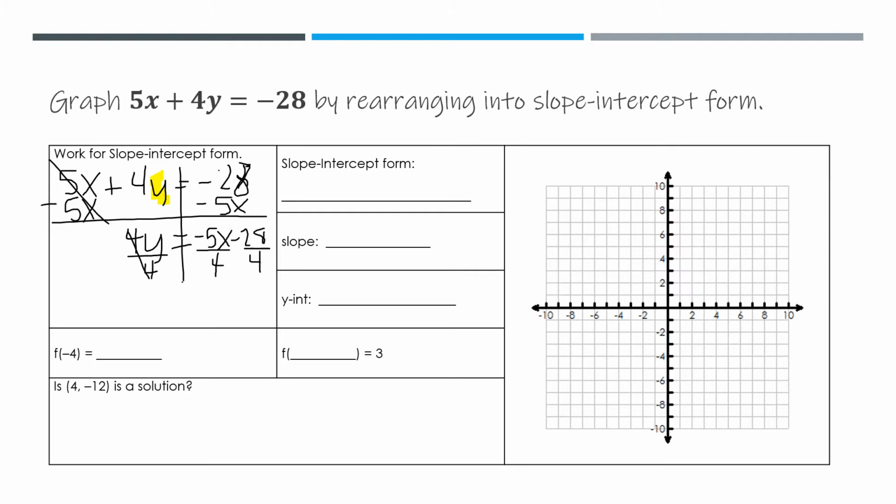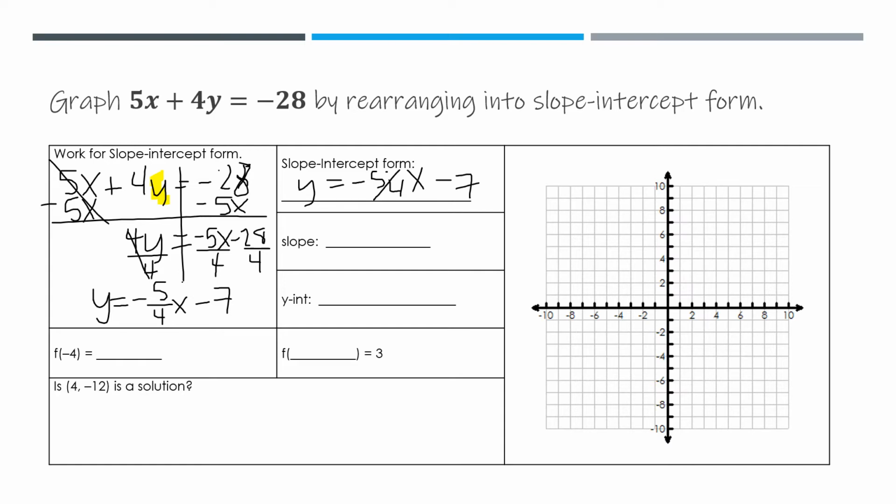That's just going to end up being a fraction. So we get y equals negative 5 over 4x, and then minus 7. Okay, so this is my slope-intercept form.